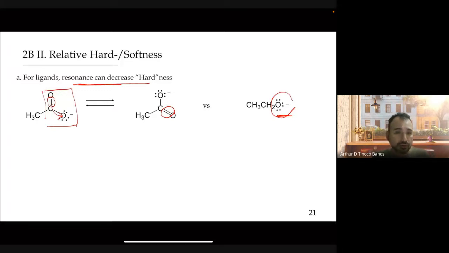Another contributing factor, although I'm not going to emphasize it too much, is those other things that are connected to the oxygen and how they can play a role in fine-tuning the relative localization of electron density. Here you have a localized electron density in the alcohol.